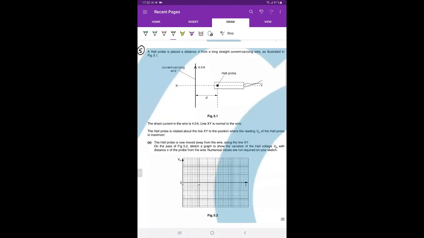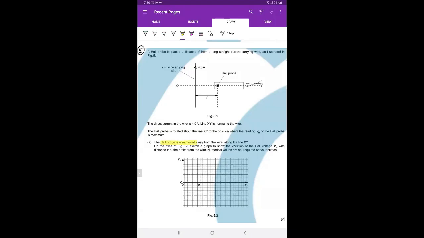There is a current carrying wire. It carries a current of 4 amperes. We have positioned a Hall probe at a distance d away from the wire. Read the wordings of the question.